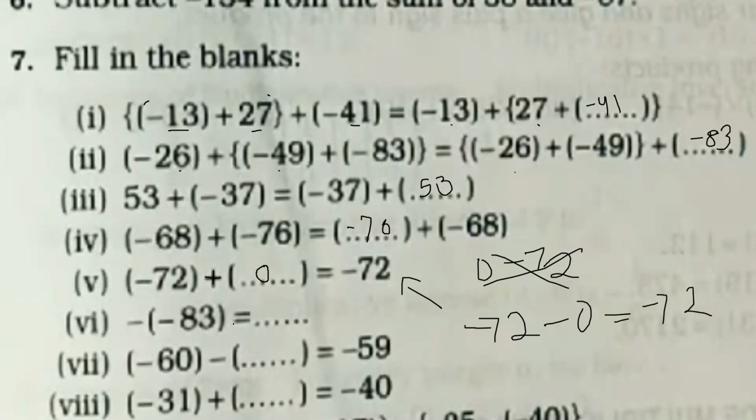Now minus 88. So minus is nothing but plus. So this will be 83. Minus 60 minus what will be? Minus 59. 60 minus 59 is nothing but 1. So 1 will come here. Not 1, minus 1 will come I think, because this will be plus.